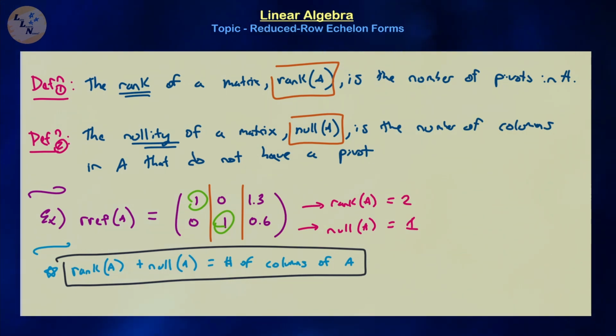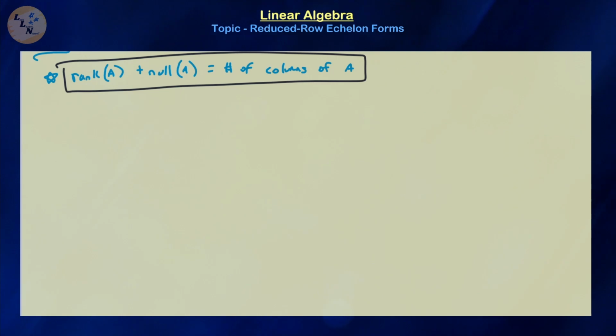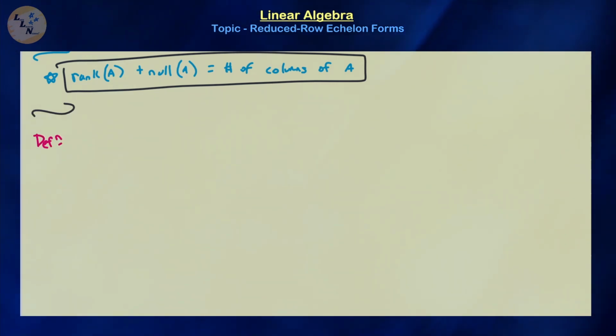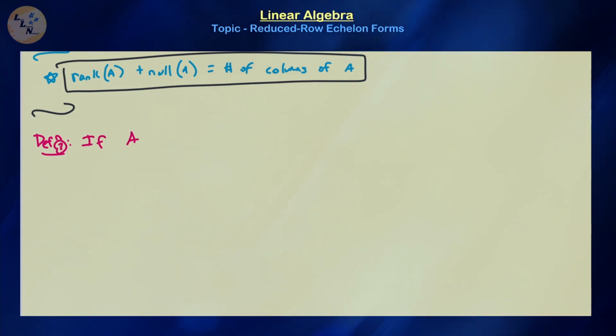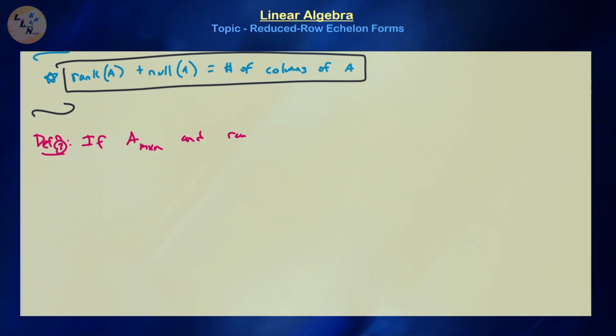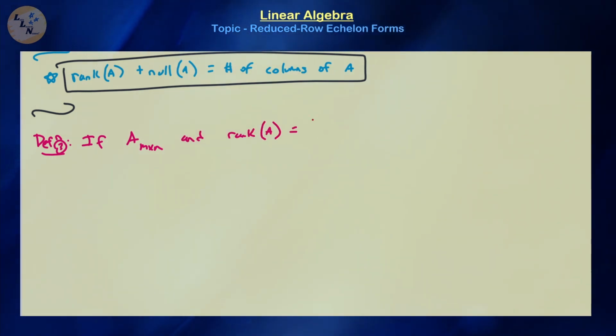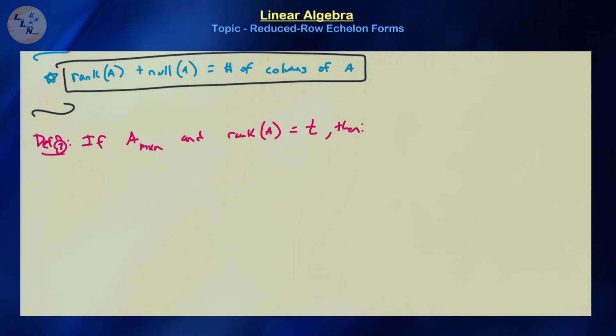Now there are some other theoretical aspects that you definitely should understand when it comes to the rank and nullity of a matrix. So let's define a couple more things. Definition 3. If A is an m by n matrix and the rank of that matrix A, let's call it equal to t, then the following things hold. 1.